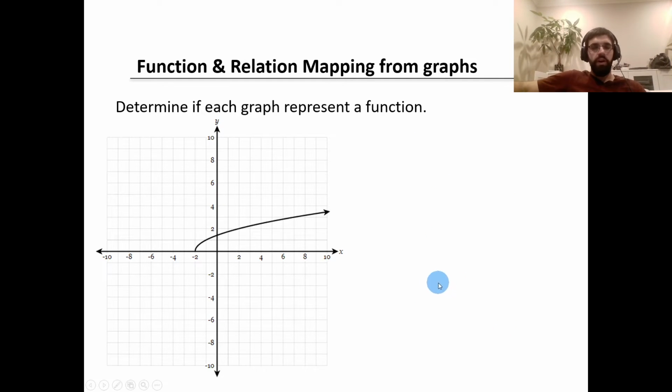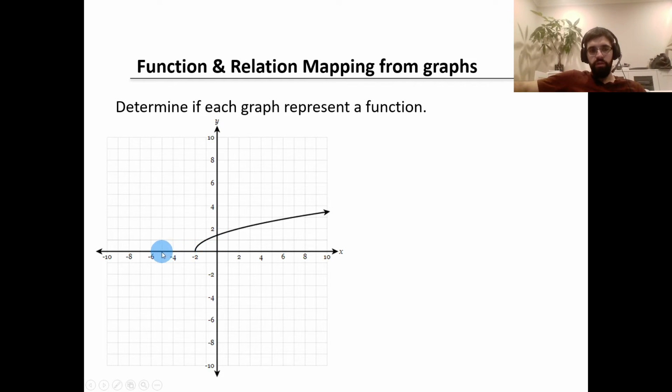So another example of a graph, if we look at each x value, will map to exactly one y value. If I pick 6, it's going to be about 3, or so 6 maps to just below 3, maybe 2.9. 8 maps to just above 3, maybe 3.1. 2 maps to 2. 0 maps to 1.5. -2 maps to 0.